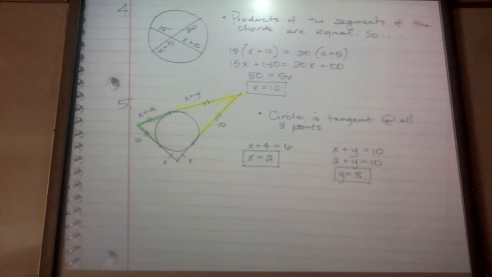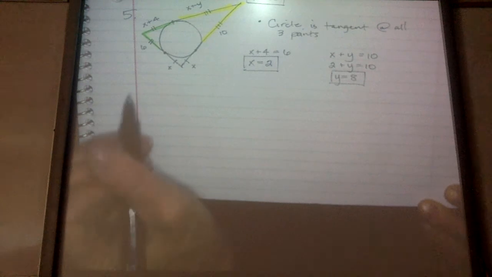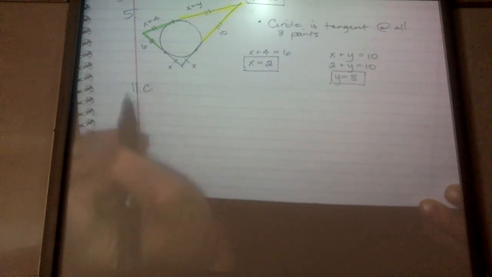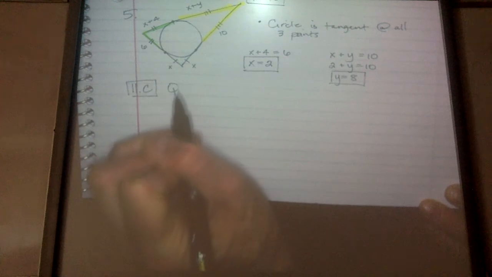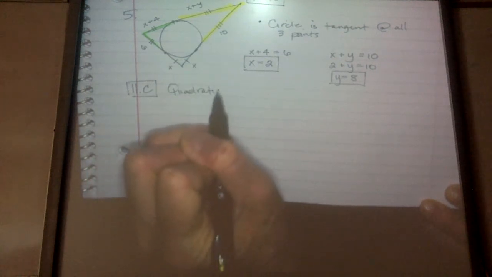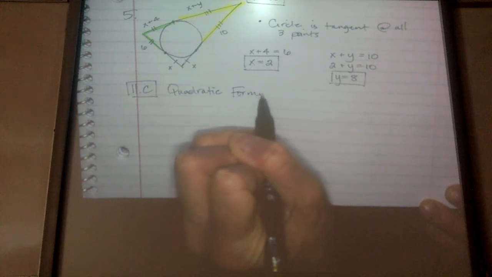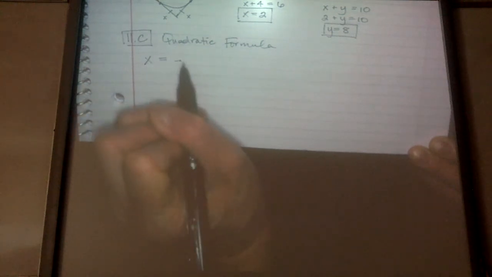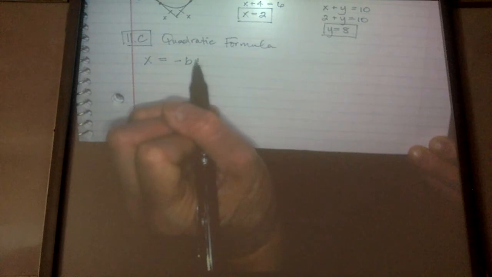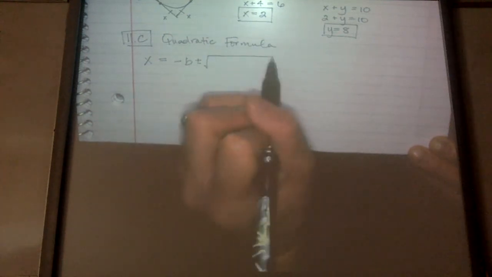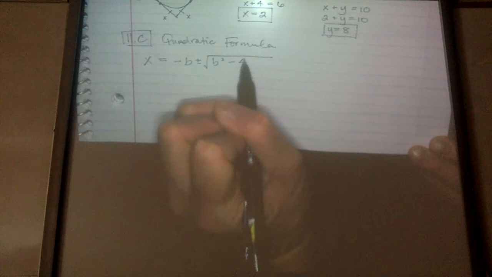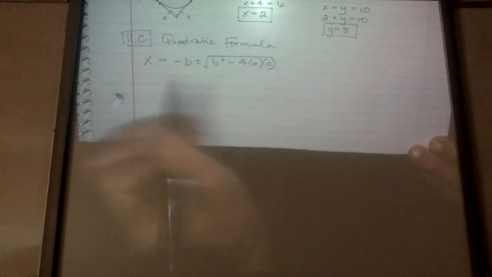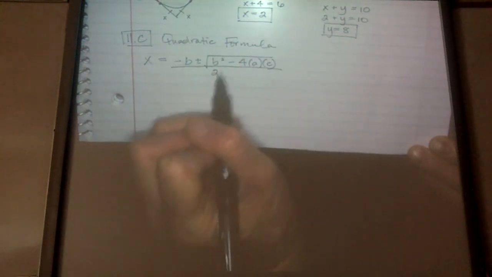It's not too bad once you do it. The last part of lesson 11 reviews the quadratic formula. Which, if you don't remember, I'm going to write it really large here. X equals a negative b plus or minus the square root of b squared minus 4 times a times c all over 2 times a.